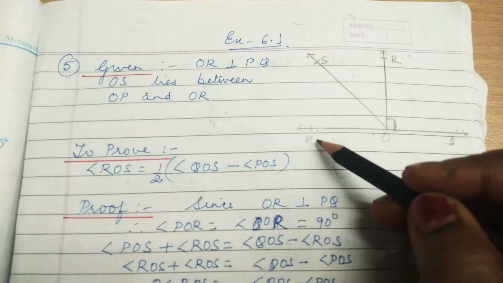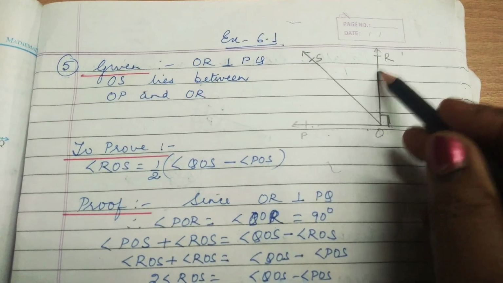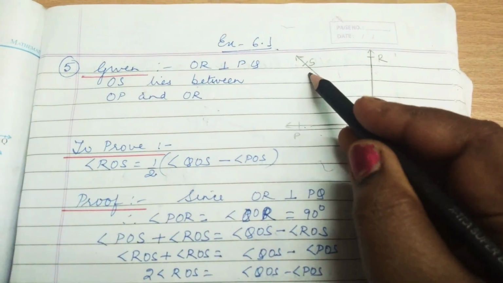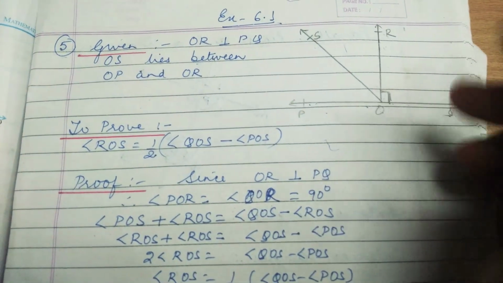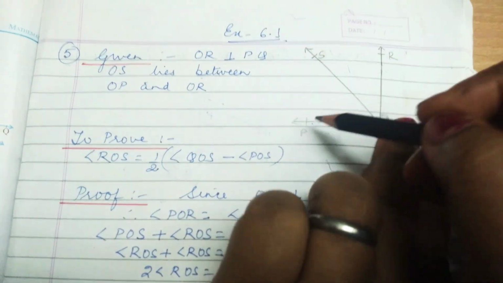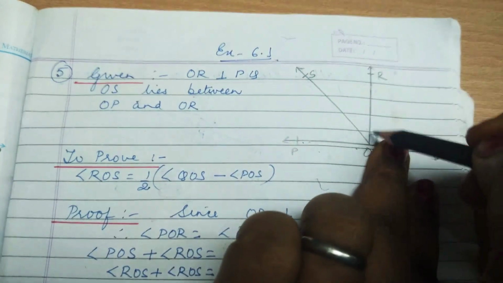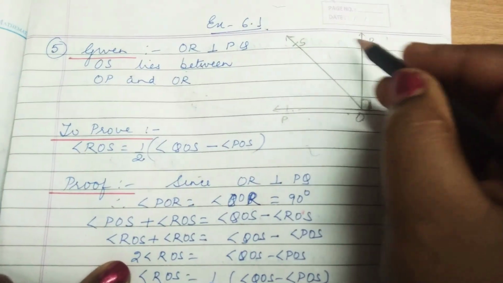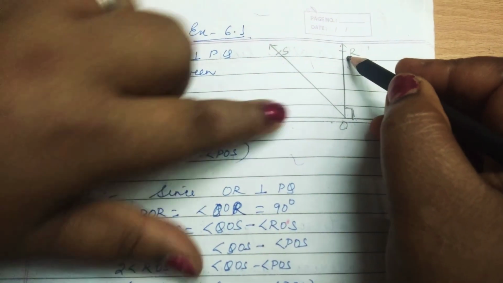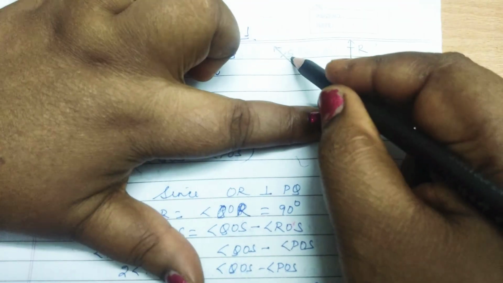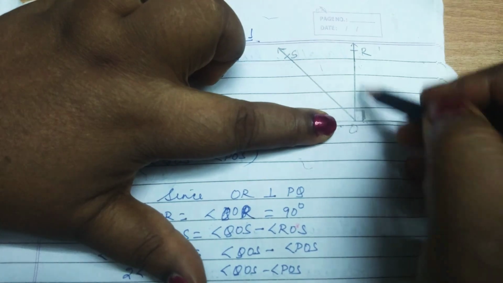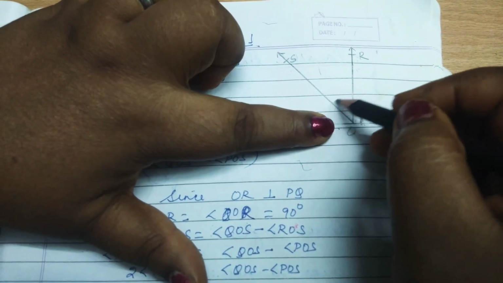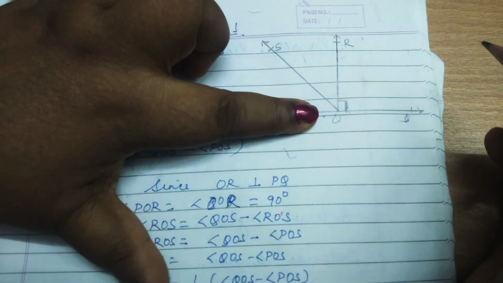Now, in place of POR, we can write angle POR equals angle POS plus angle ROS. Similarly, angle QOR can be written as angle QOS minus angle ROS. So from this angle you subtract this angle, you will get angle QOR.